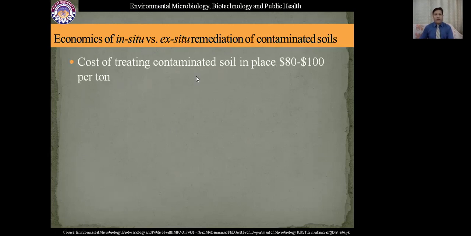The cost of treating contaminated soil in place, in situ bioremediation, is $80 to $100 per ton. If you want to treat pollution at the site where it happened, it has a cost of $80 to $100 per ton.